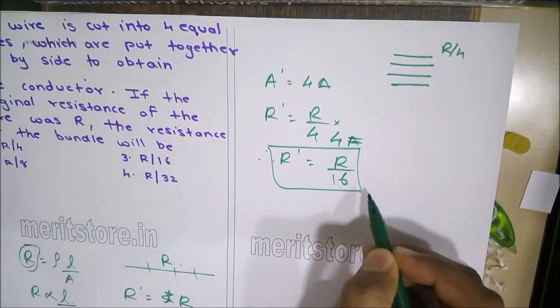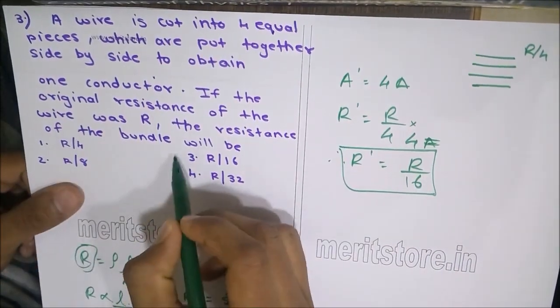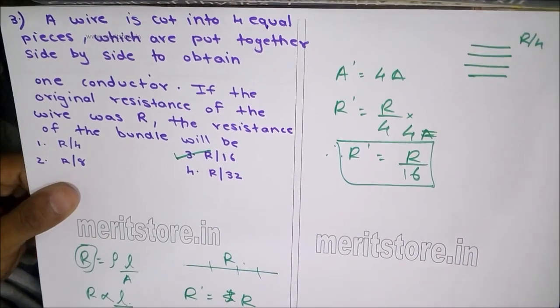Therefore the final resistance is R by 16, which is option 3. Therefore option 3 is the correct answer.